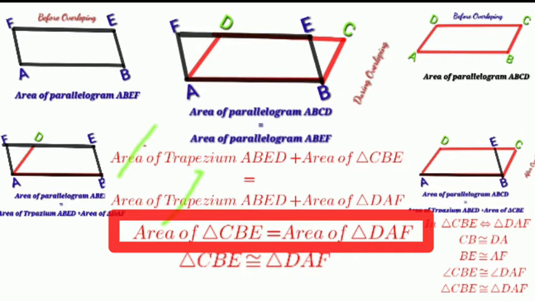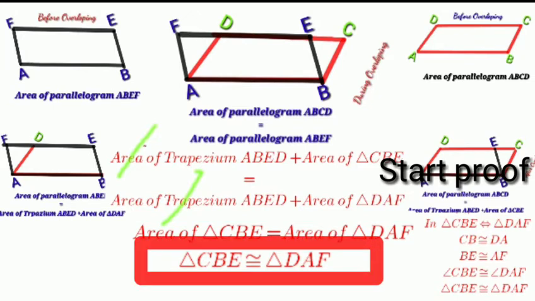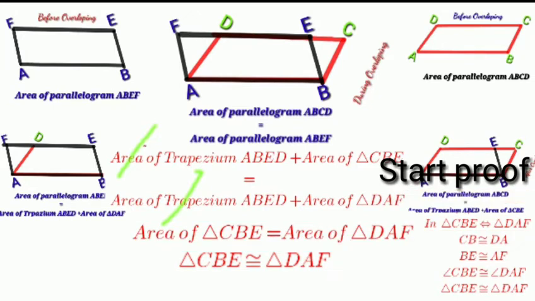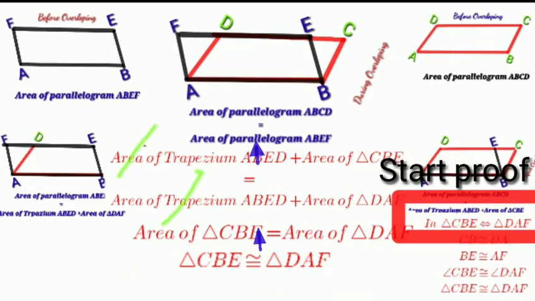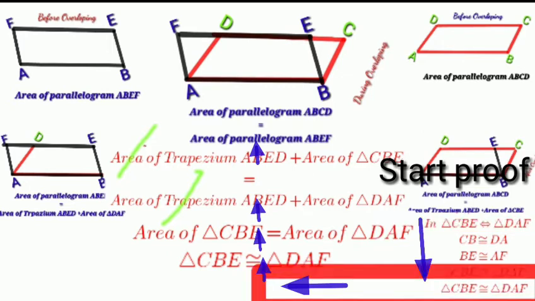When areas of two triangles become equal to each other, then these two triangles should be congruent. So we take correspondence between these two triangles. After that, side CB is congruent to side DA, angle B is congruent to angle A, and side BE is congruent to side AF. Then these two triangles become congruent.